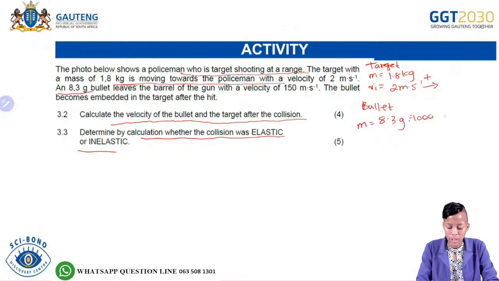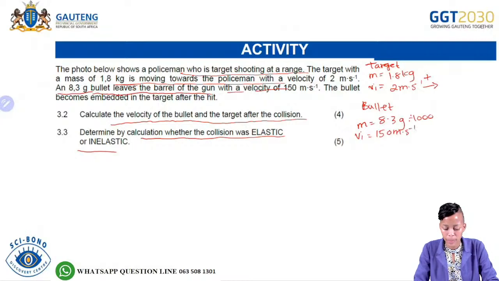You either divide by 1,000 or multiply by 10 to the power of -3. Then it says the 8.3 gram bullet leaves the barrel of the gun with a velocity of 150 meters per second. So that would be the initial velocity of the bullet, 150 meters per second. We said the bullet is traveling in the opposite direction of the target.